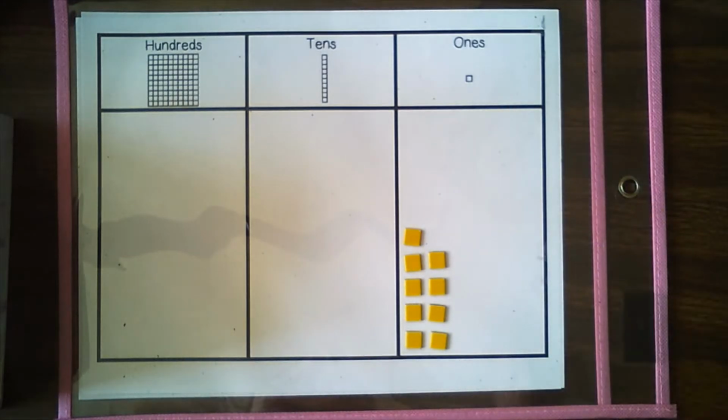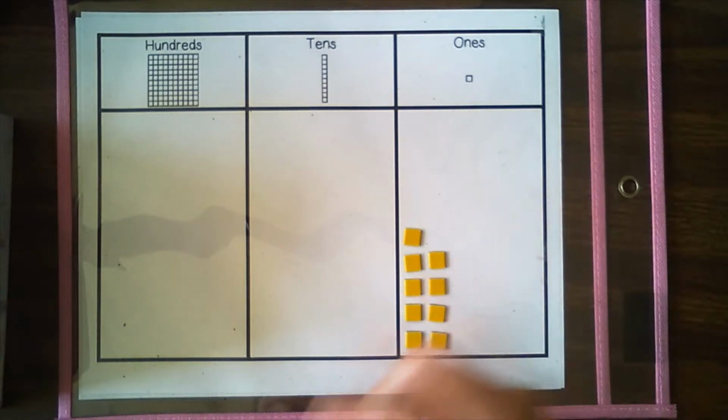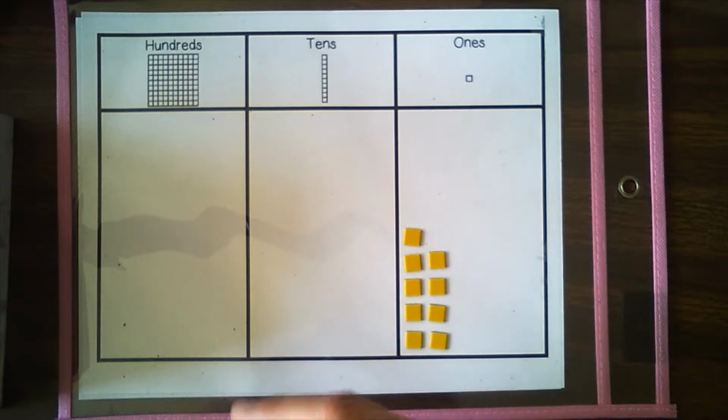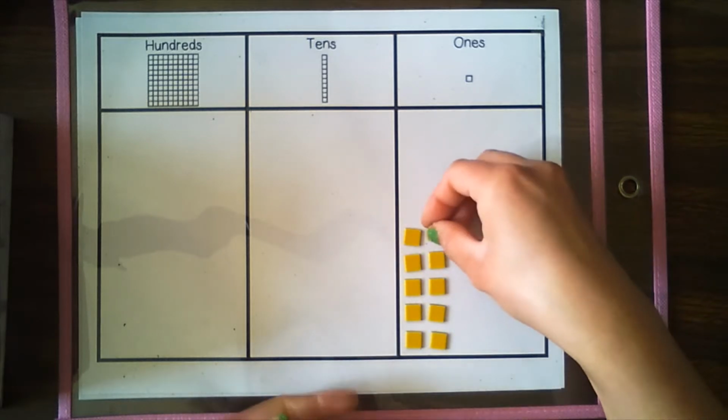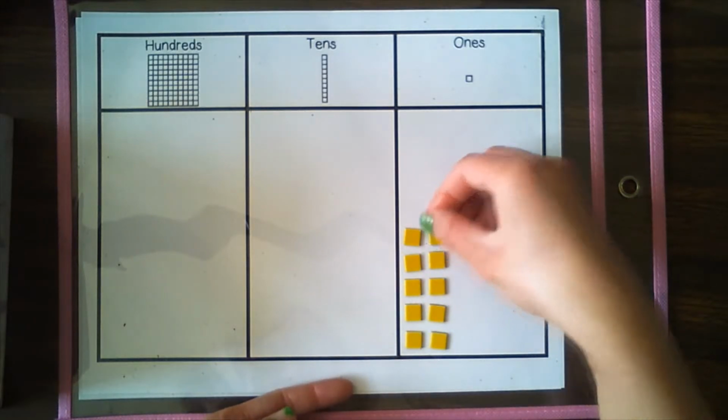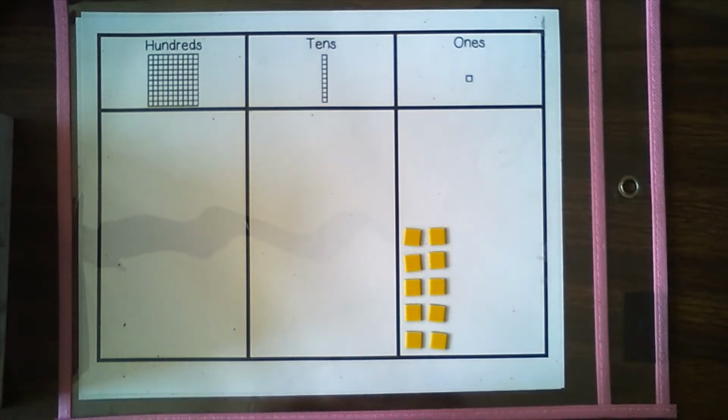I know that once I add one more, I'm going to have 10 ones. I can make a larger unit when I add one more to our 9 ones. What will that new larger unit be?